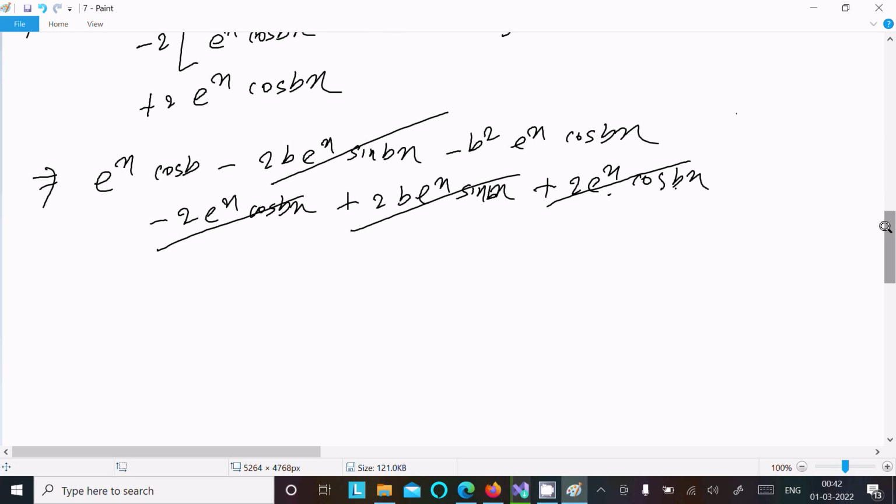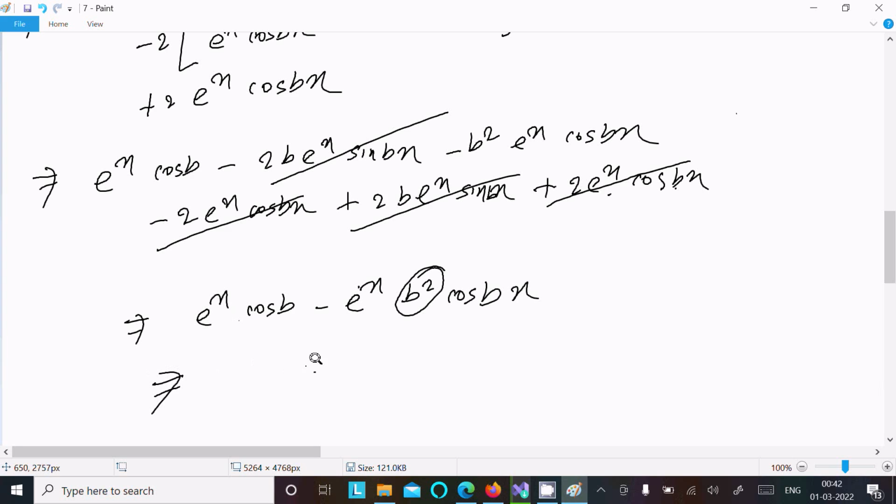Now after that I'm getting e power x cos bx, and e power x, and b² cos bx. So b² is there, and there is no other b², so this cannot be equal to 0.